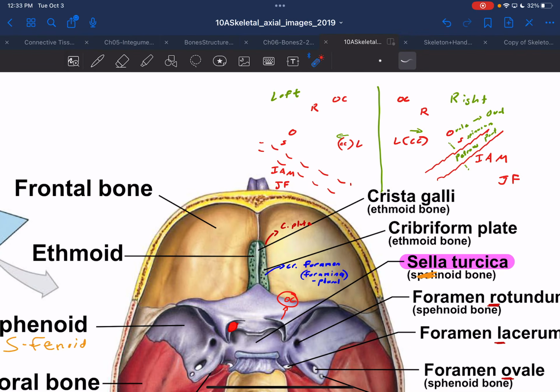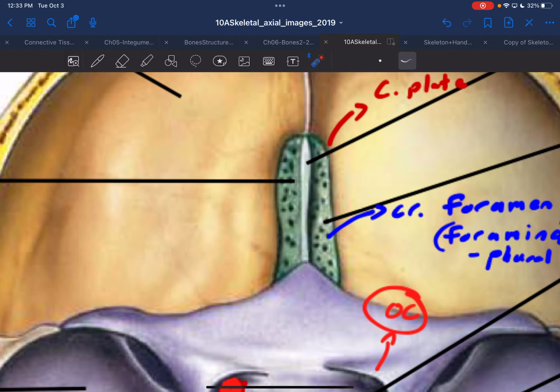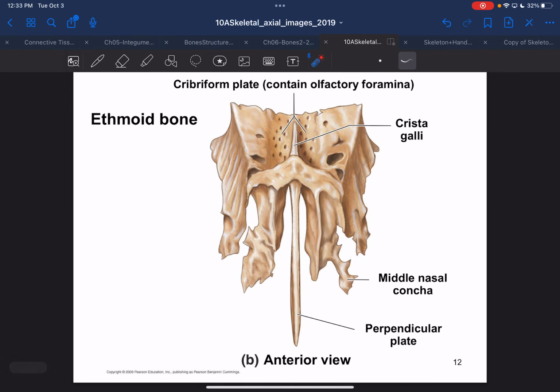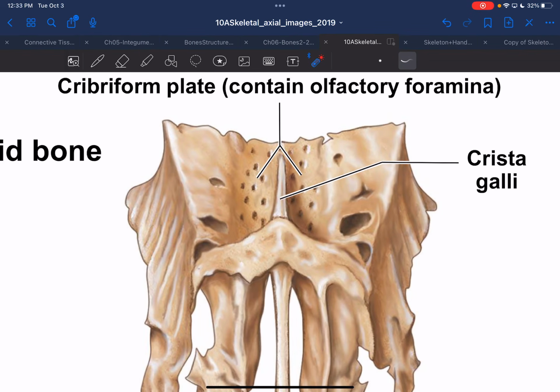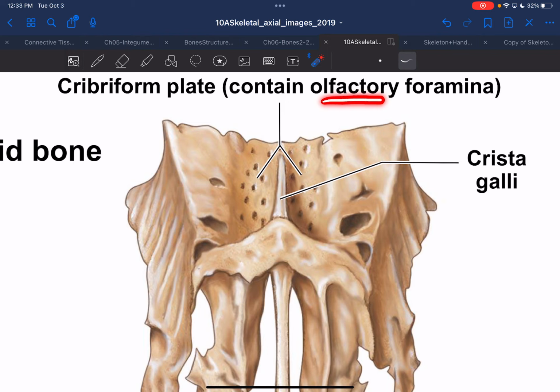Bless you. And so this bone itself has that particular uniqueness at the superior view. And if we leave off where we kind of started, if we look at the anterior view, we're seeing the same structures up top. We're seeing our cribiform plate. And then we're seeing all the little holes called cribiform foramen, or sometimes olfactory foramen.